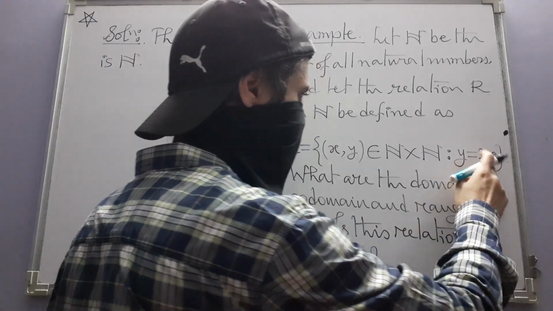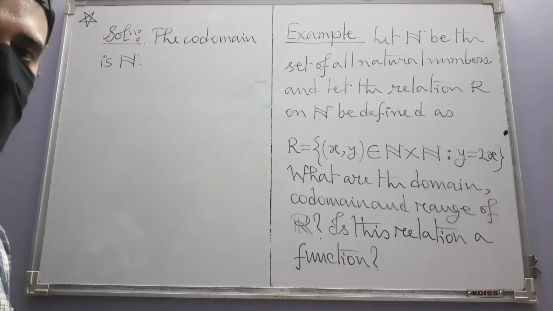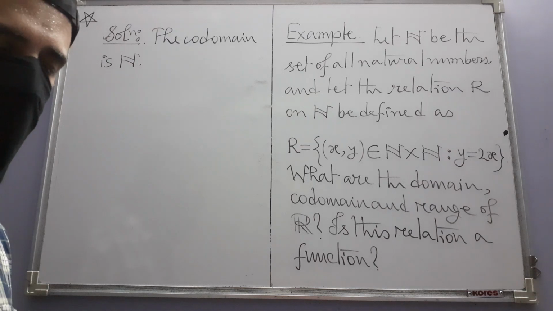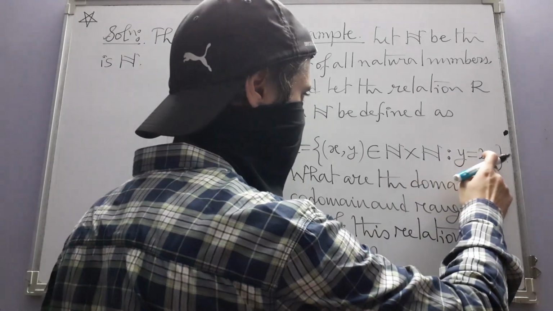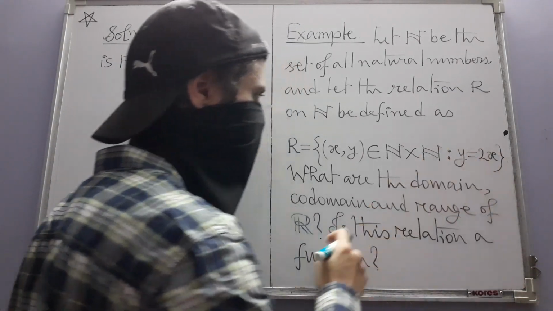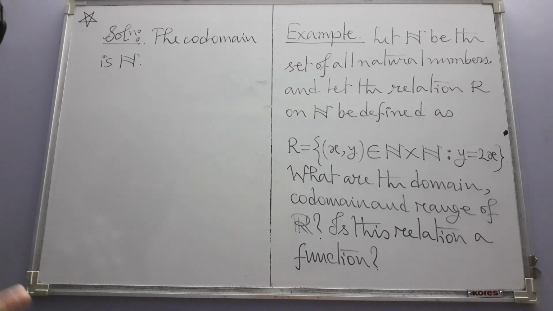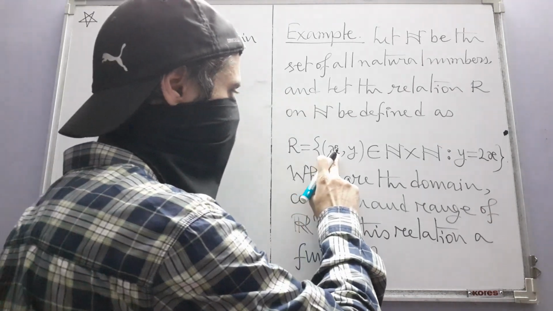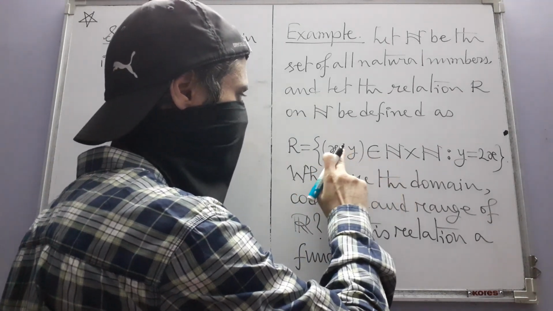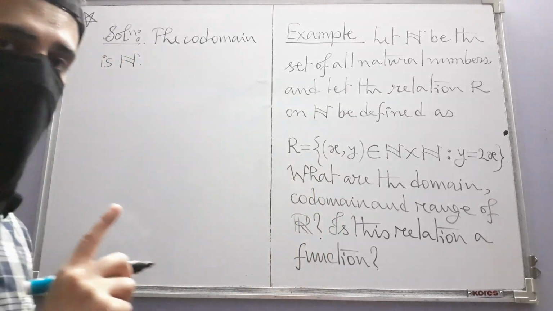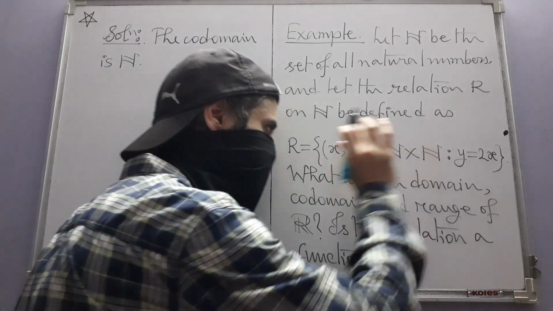If you take the double of any natural number, say 1, its double is 2. That is also a natural number. For any x in N, 2x is also in N. That is why there is no problem in putting just about anything from N here. And so the domain is also N itself.